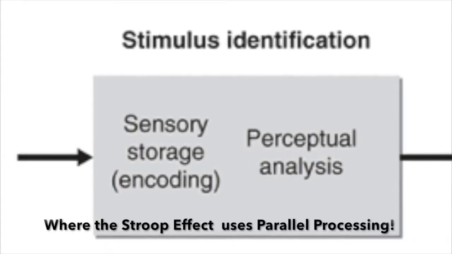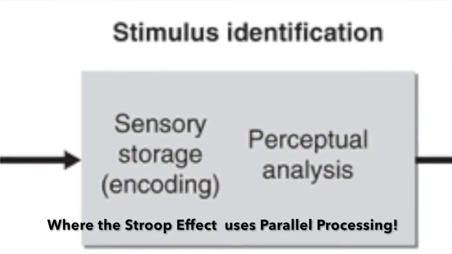It is said that the stroop effect occurred in the stimulus identification phase, which contains encoding of sensory and storage and perceptual analysis. The concept further helped the realm of motor behavior because of its relation to reaction time and interferences. Congruency, when a word and the color are the same, decreased reaction time.